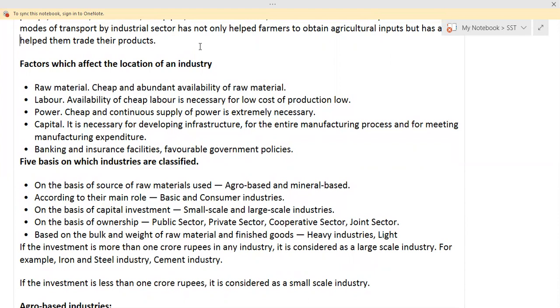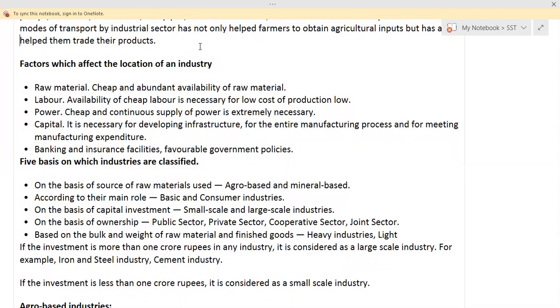Labor: availability of cheap labor is necessary for a low cost of production. Power: cheap and continuous supply of power is extremely necessary.